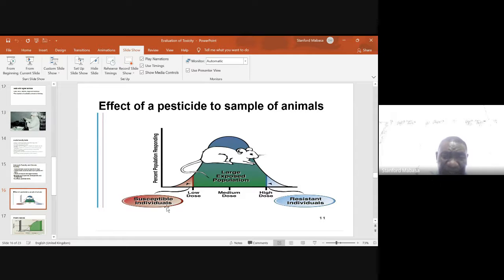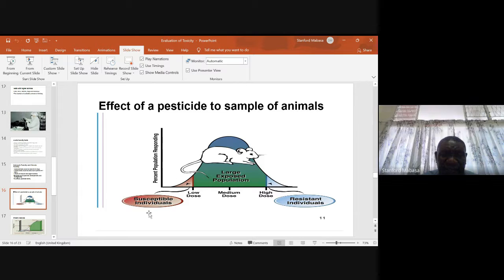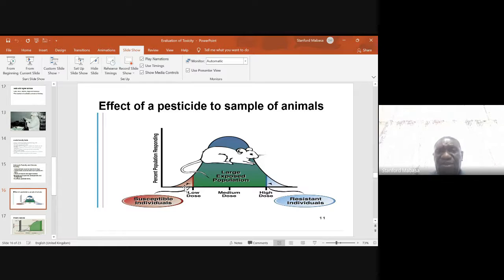We are going to find that there are certain rats which are highly susceptible. They just need very little concentrations of the pesticide to make them die. So they require a low dose.